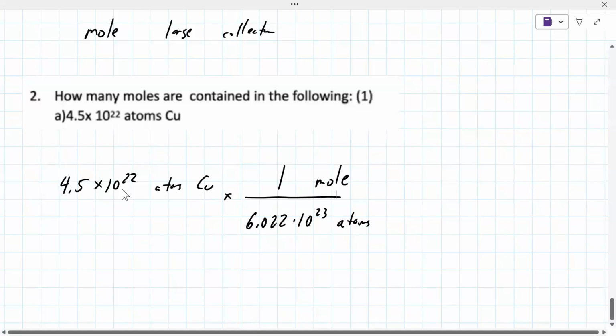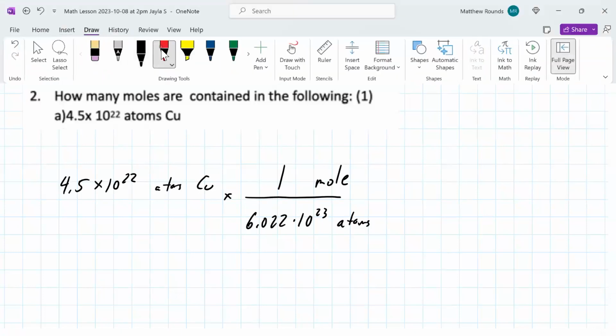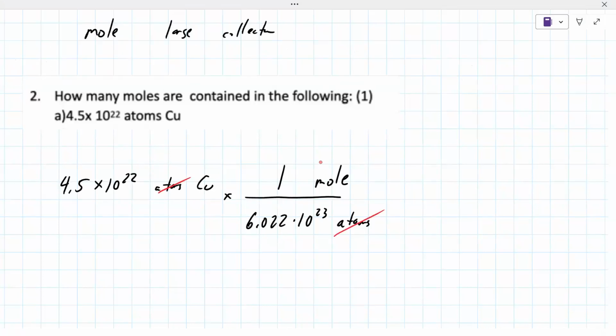Just like the dozen, doesn't matter if it's a dozen bananas, a dozen grapes. A dozen is a dozen. Okay, so here these just cancel out. Biggest issue in doing these problems is remembering to put this stuff in the numerator and denominator in parentheses. That way, when you calculate it, it actually works out.